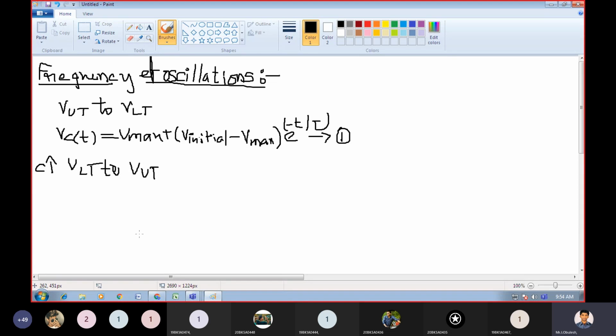Here VLT is the initial voltage and VUT is the maximum voltage, plus V saturation. Then at small t is equal to capital T1.